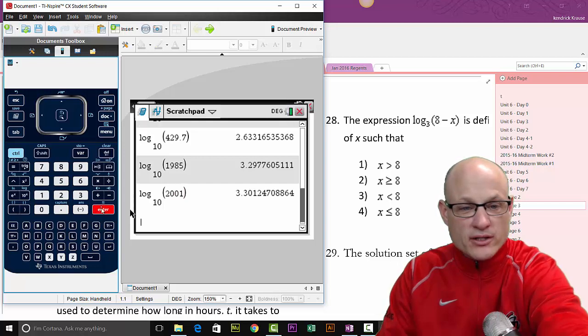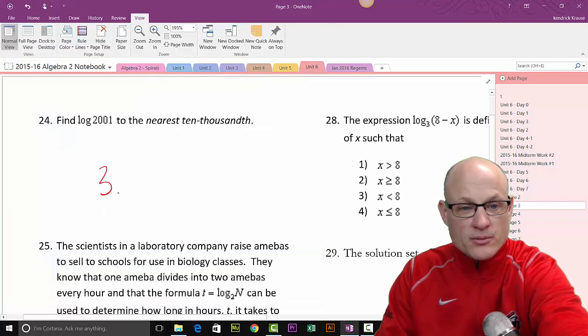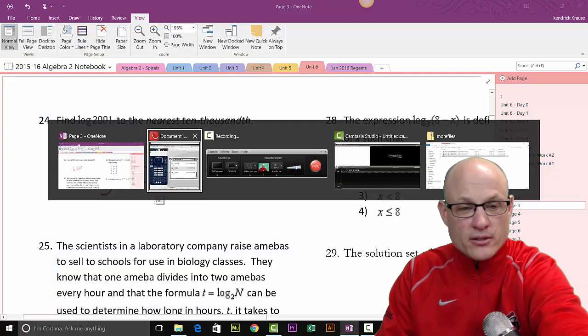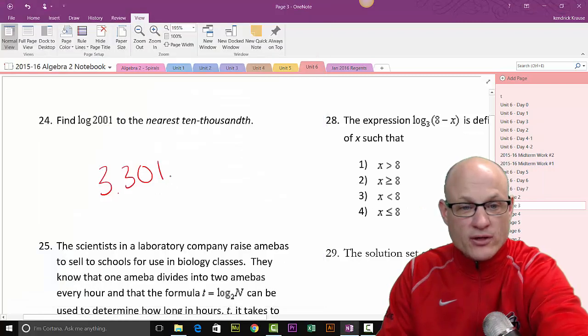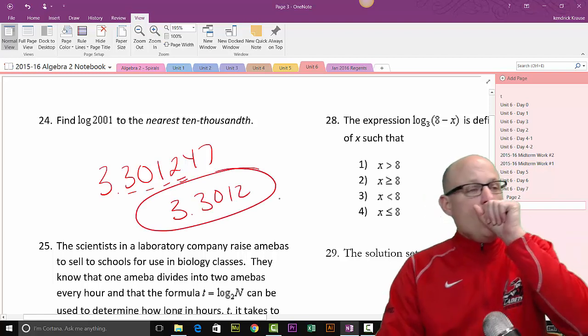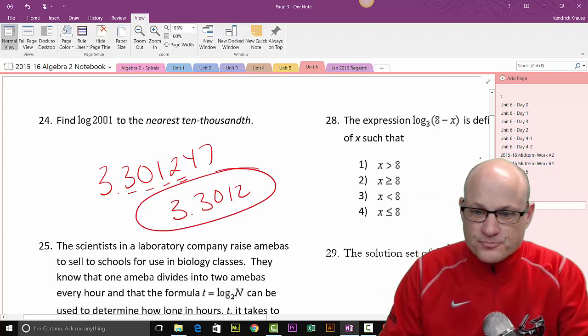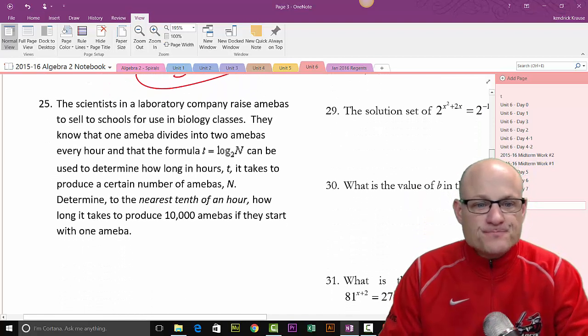Okay, when I don't put the 10 in, it puts the 10 in for me. 3.301. My dog's coming down to say hi. 3.301247. 10,000s place. Tens, hundreds, thousands, 10,000s. So 3.3012. All right, done with that.